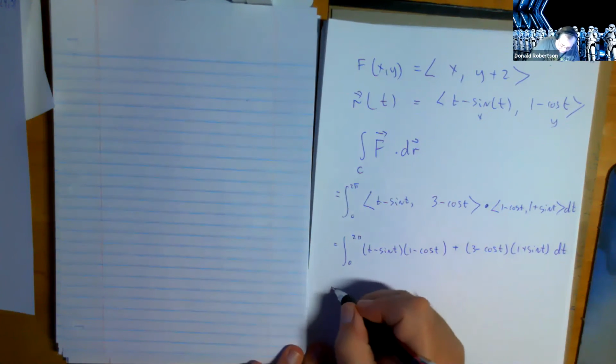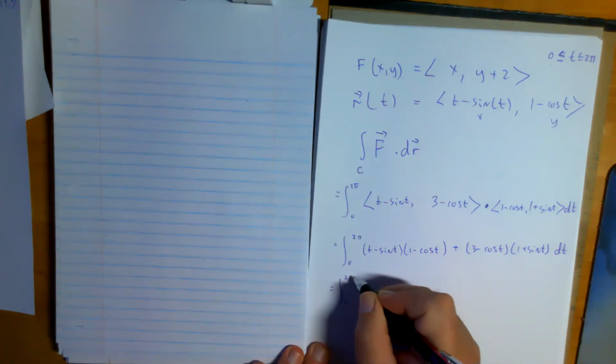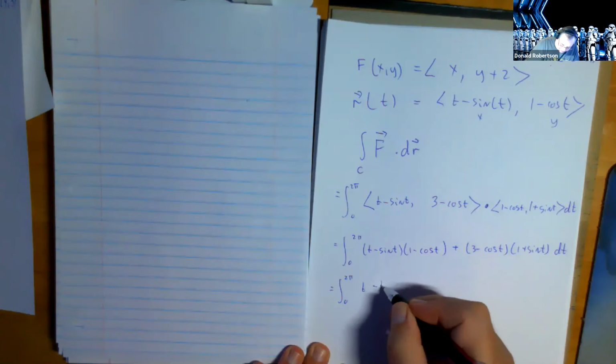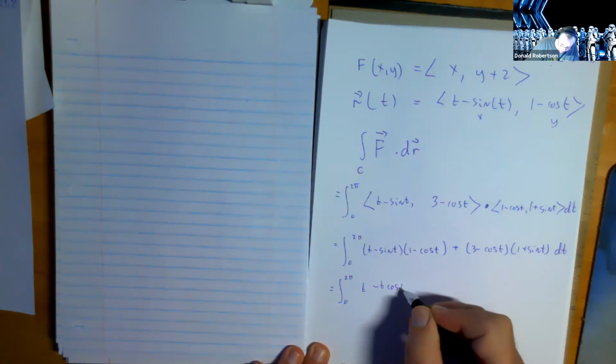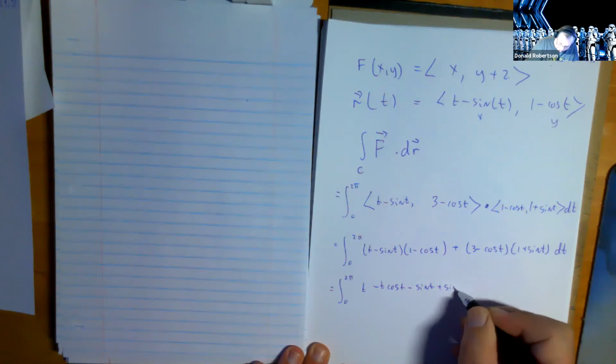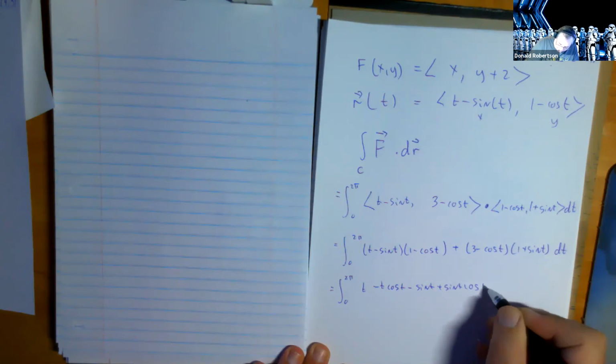Oh god, this one's got some stuff in it now. You get a t, you get a negative t cosine t, you get a negative sine t, and you get plus sine t cosine t.